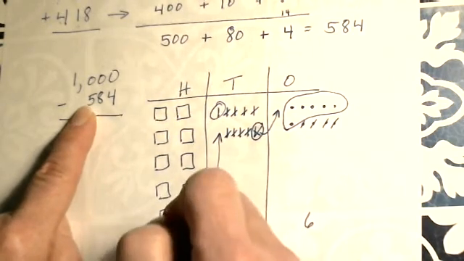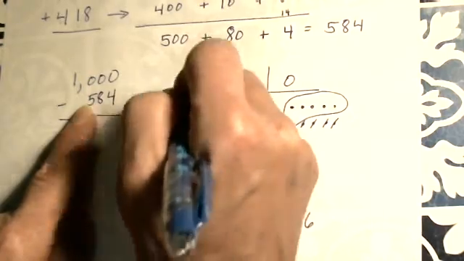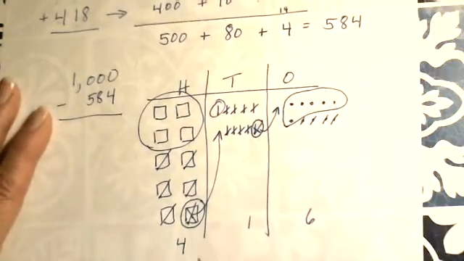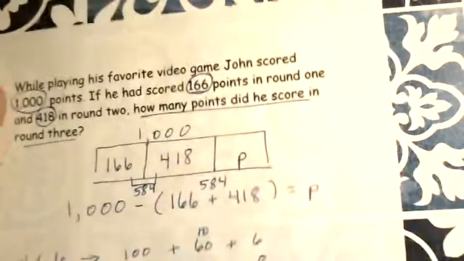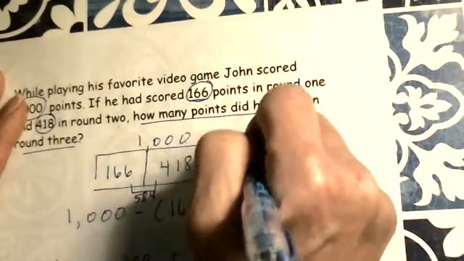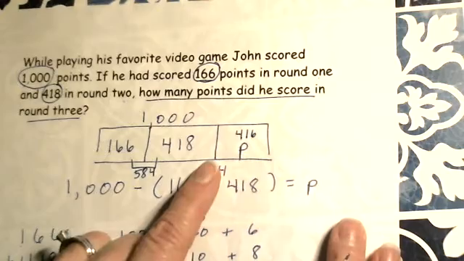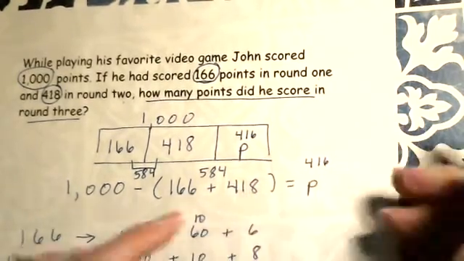Then I have to take away 5 hundreds. 1, 2, 3, 4, 5. And I have 4 hundreds left. So 416 would be how many points he scored in round 3. Okay, so this would be 416.